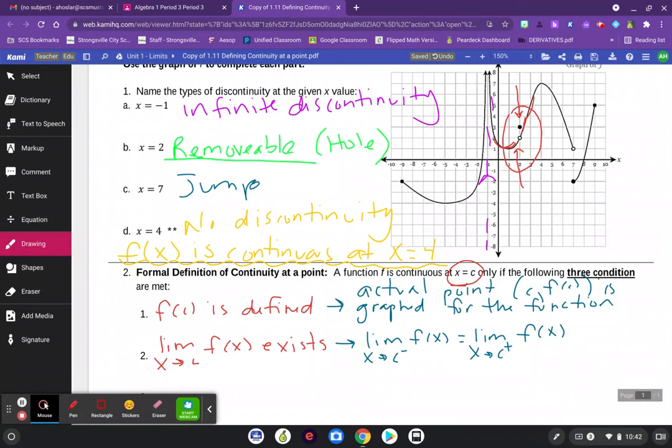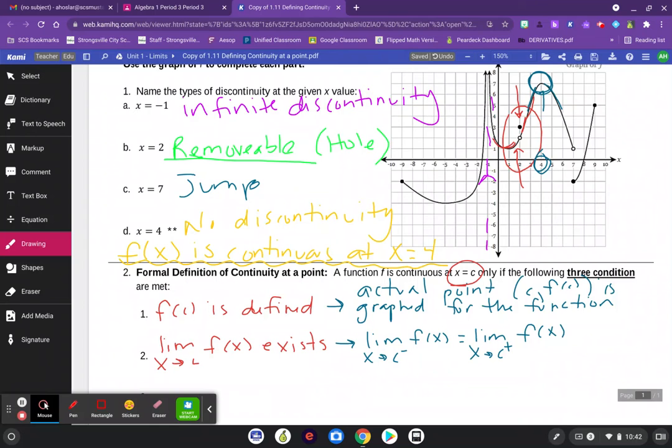Versus when I look at x equals 4, I do have a point plotted there. And it's just not like a boldened point, but there's no hole there, so there's technically a point there. And the y value I approach on the left is the same as the y value I approach on the right. And so we would say this is continuous, and this is continuous because of the third condition.